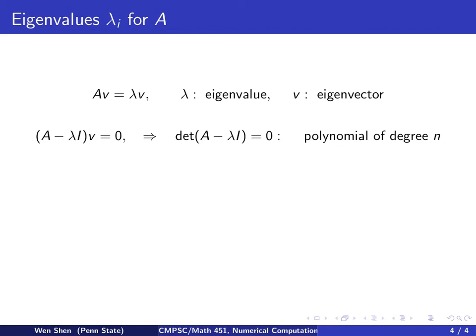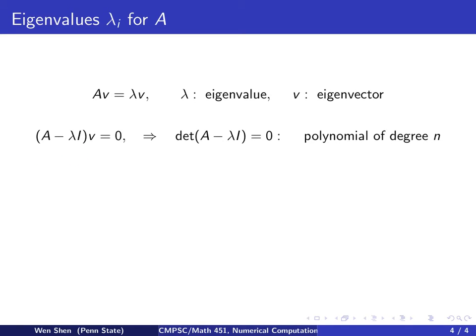We see that this trivially has a solution, that is, when V identically equals 0. But we want to find a non-trivial solution where V is non-zero. Therefore, the coefficient matrix must be singular. Otherwise, V equal to 0 will be the only solution.